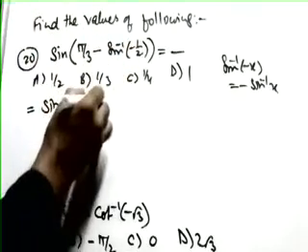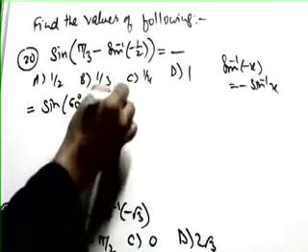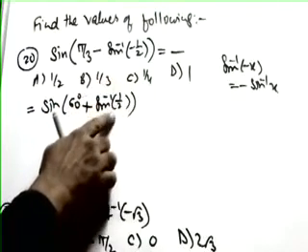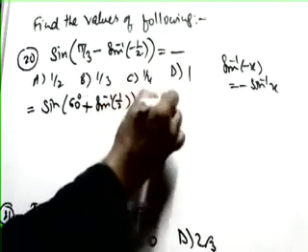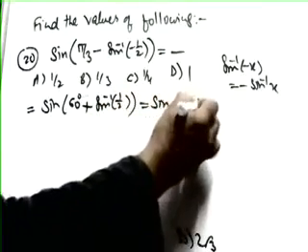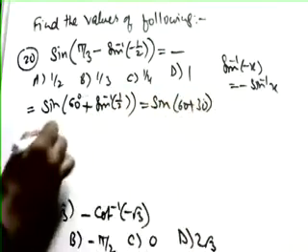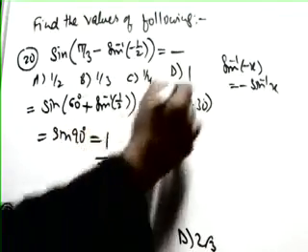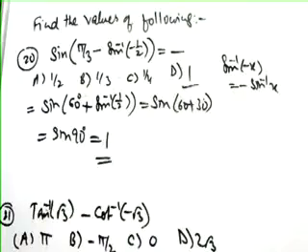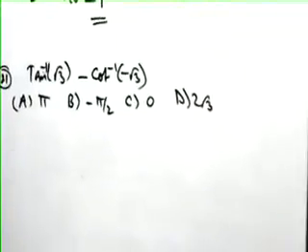Minus of minus 1 by 2 is plus sine inverse 1 by 2. Now sine inverse 1 by 2 means sine 30 degrees. So this will become 60 plus 30, that is 90, sine 90, and the value of sine 90 is 1.